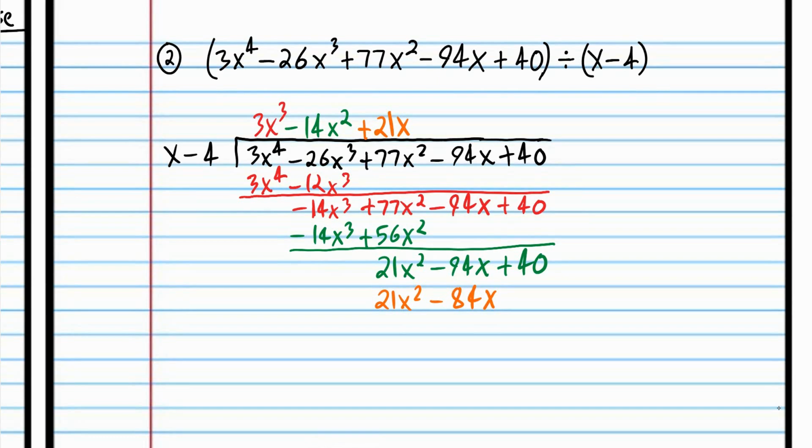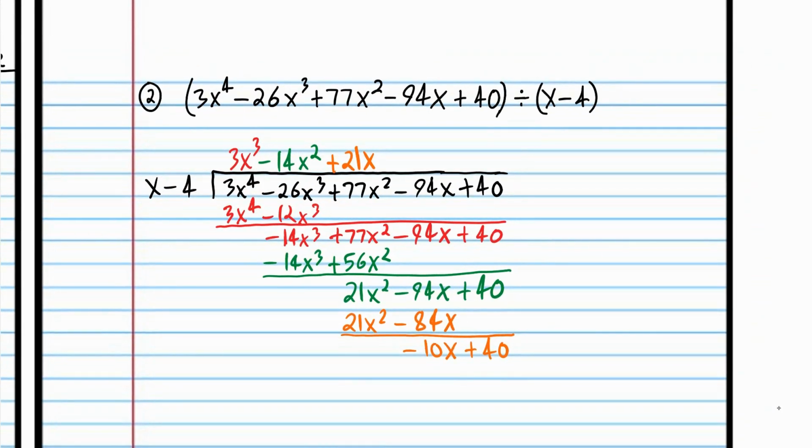That was step number 2. And step number 3 is always to subtract. So we subtract these, we get 0. We subtract these, we get negative 10x. And 40 minus nothing is just 40. So that was cycle number 3. Now we'll move on to cycle number 4.